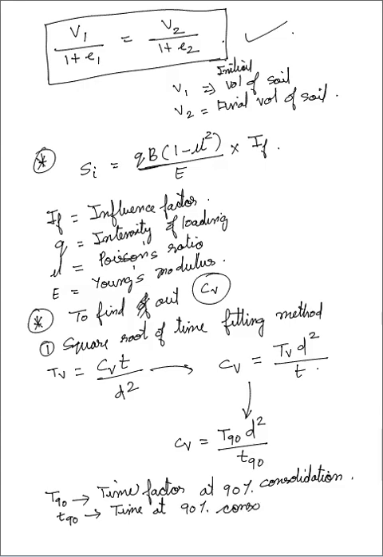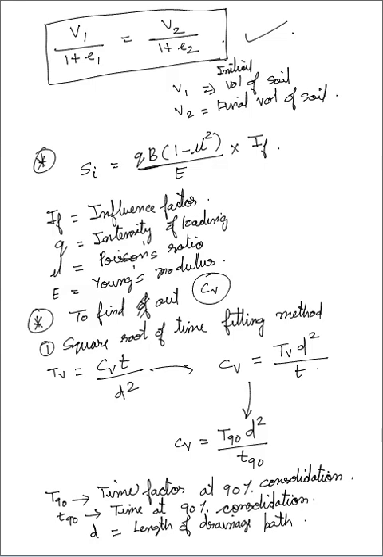From the beginning till 90% consolidation, how much time has elapsed? And we all know D is the length of drainage path. So just remember, whenever we talk about the square root of time fitting method, we take 90% consolidation.